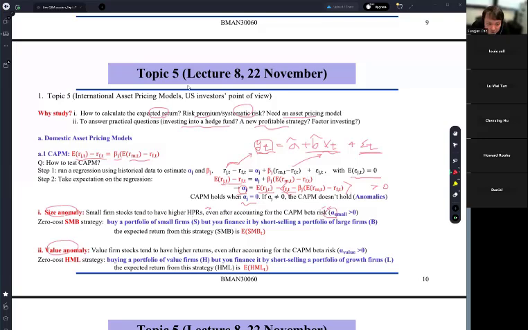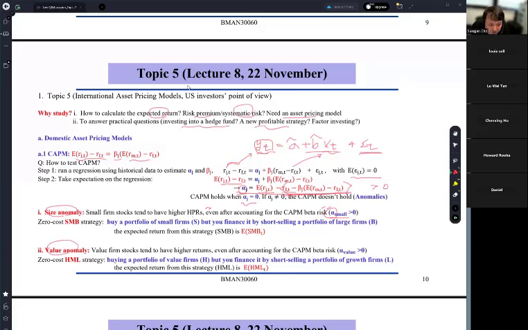What you earn from investing into small firms is much bigger than what the CAPM says you should earn. So we always say alpha in terms of this CAPM alpha, where we use the CAPM to compute what you should earn. So the alpha of small firms is bigger than 0. That's a size anomaly.